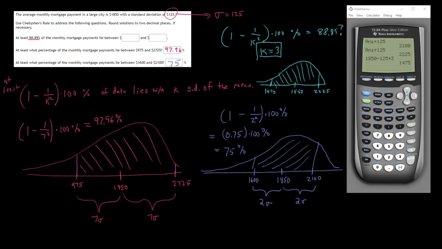So we know that at least 88.89% of the mortgage payments should lie between 1475 and $2,225. So the first question reverses the process that we did in questions 2 and 3. If you need any more help, just let me know.